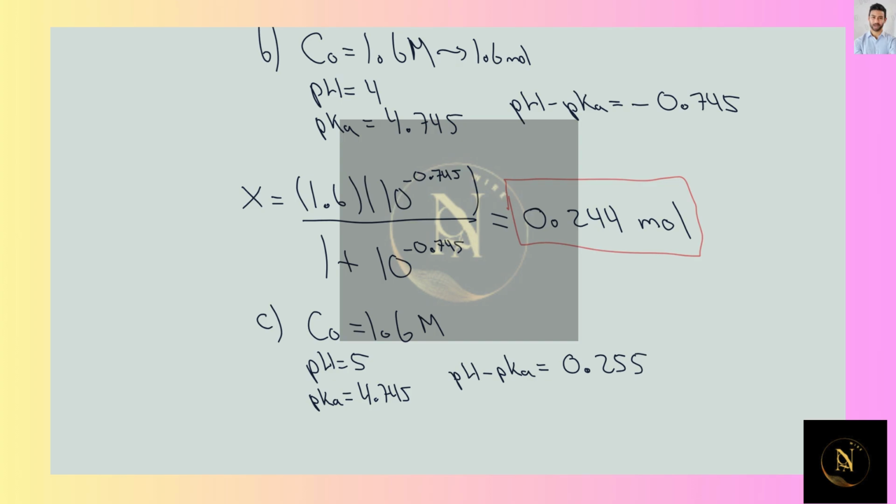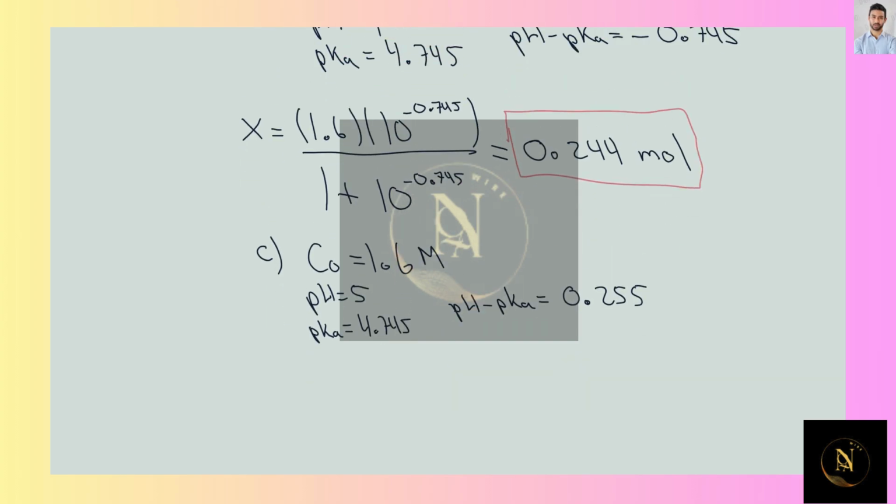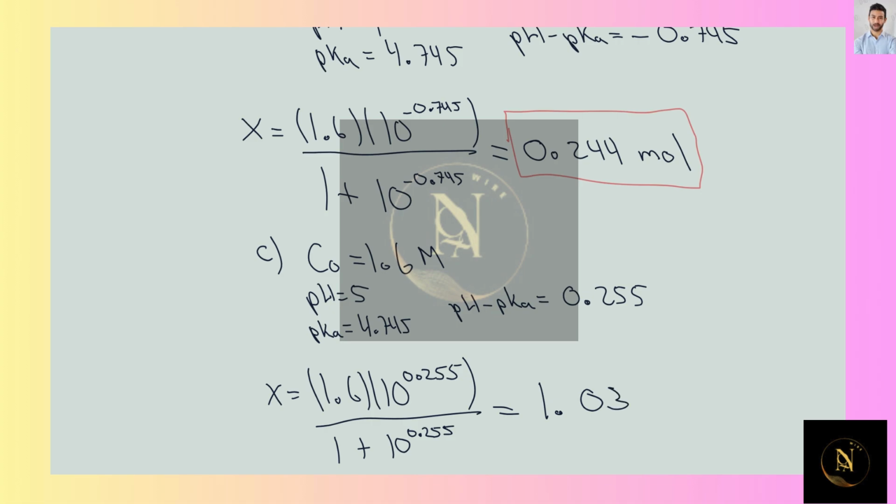Now it is positive. So the amount that I need to add will be 1.6 multiplied by 10 to the 0.255, divided by 1 plus 10 to the 0.255, giving us a value of 1.03 mole.